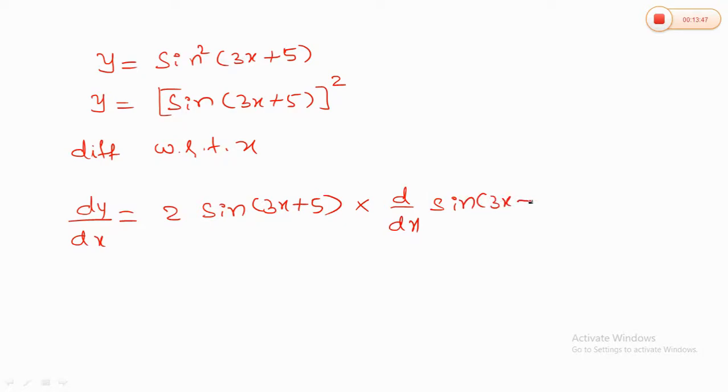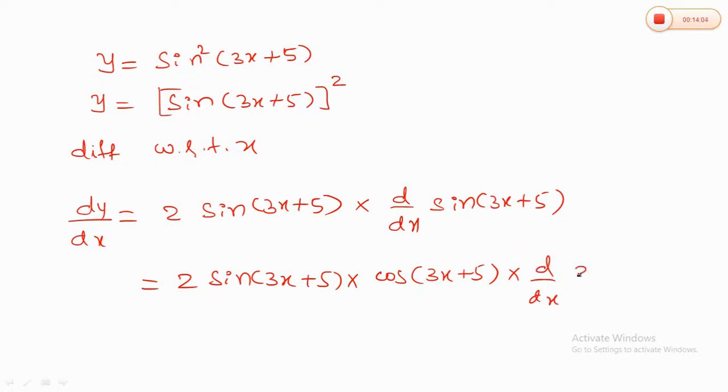This equals 2 sine 3x plus 5, this into cos 3x plus 5, this into, after finding the derivative of sine, d by dx of 3x plus 5.